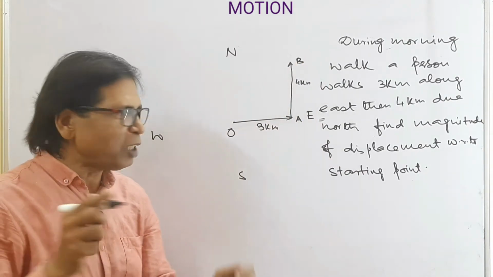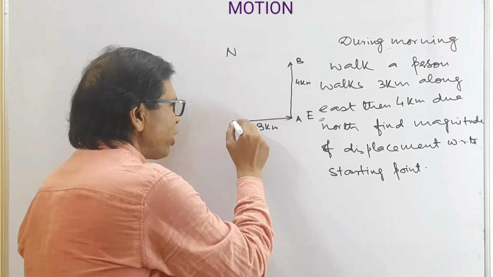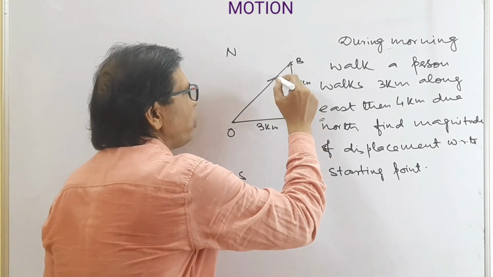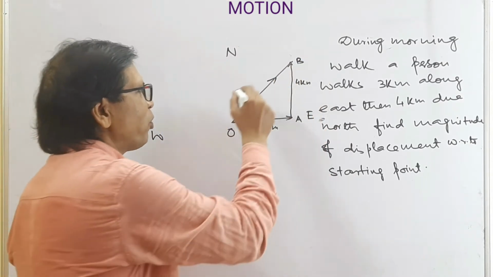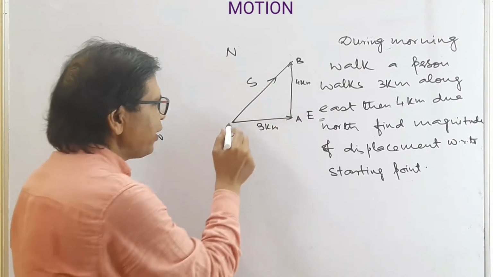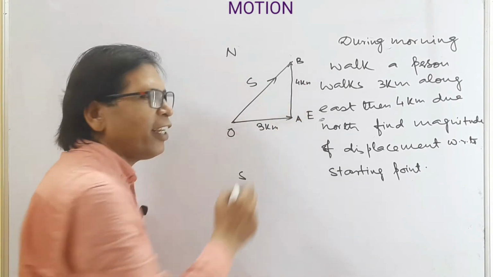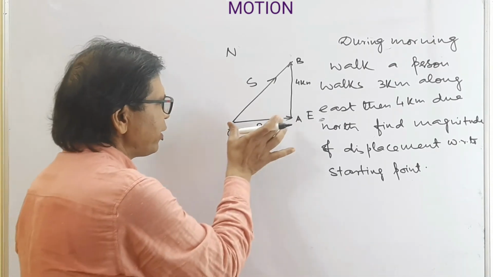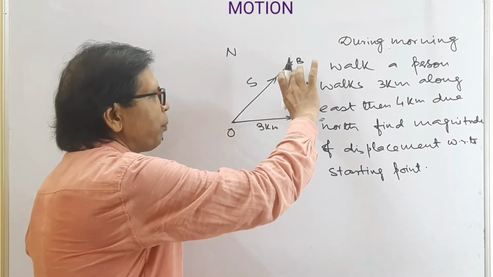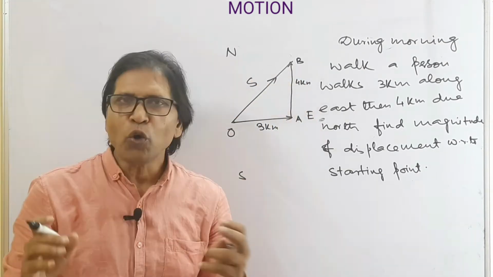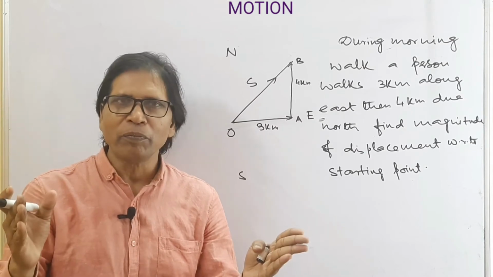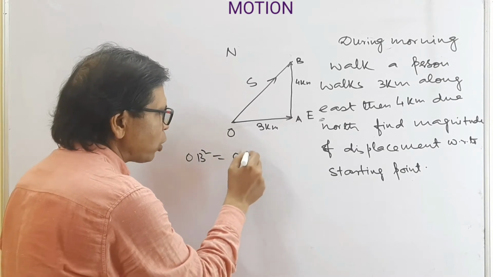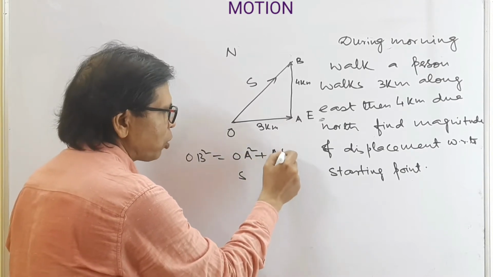Now what is the displacement? Displacement is the shortest distance between this point and this point, so OB is the displacement. We have to calculate OB. OAB is a right angle triangle. This is the base, this is the perpendicular, this is the hypotenuse. Applying the Pythagoras theorem, OB square equals OA square plus AB square.